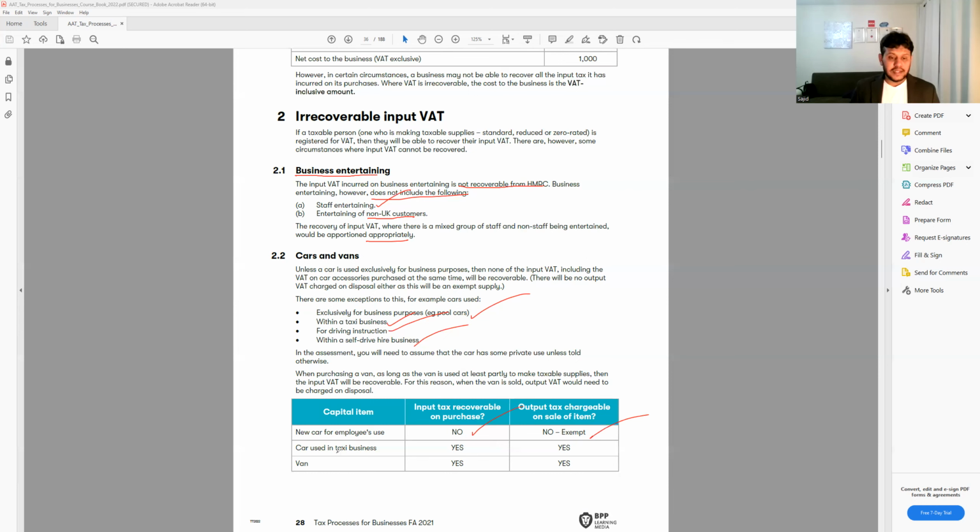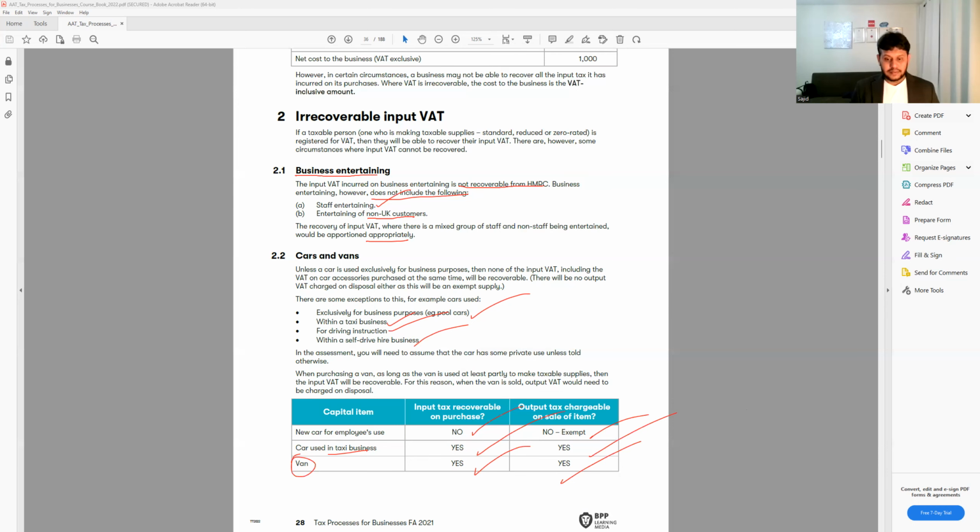And if the car is used in a taxi business, can I claim the VAT? Yes, I can. But if I sell this car, I also have to charge VAT to the person buying from me, so we have to charge the output VAT. The van, it doesn't matter whether it is used for the business or not. Van is van.